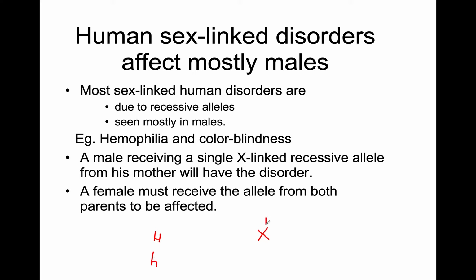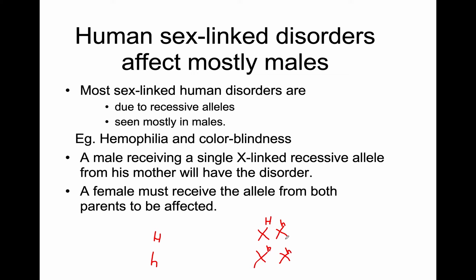So a female could have a number of different genotypes. A female inheriting a hemophilia allele from her parents could either have this combination or it could have this combination, depending on the genotype of her parents.